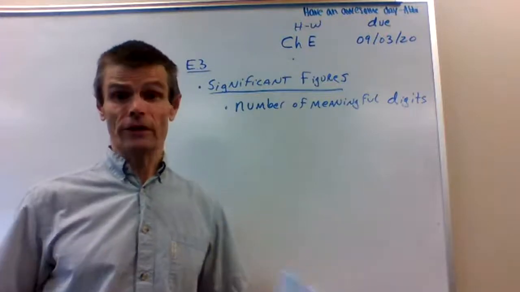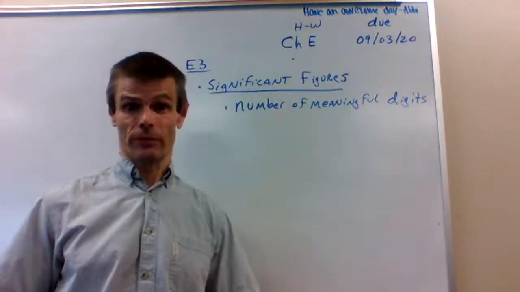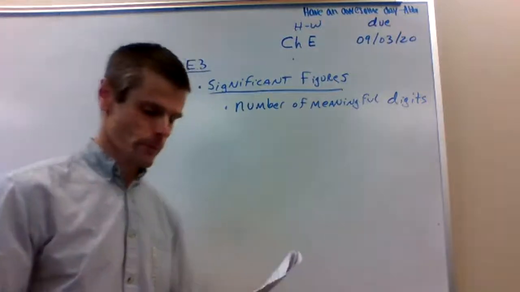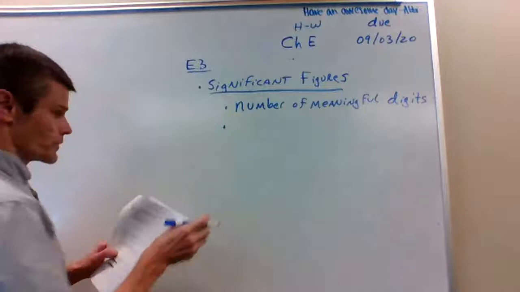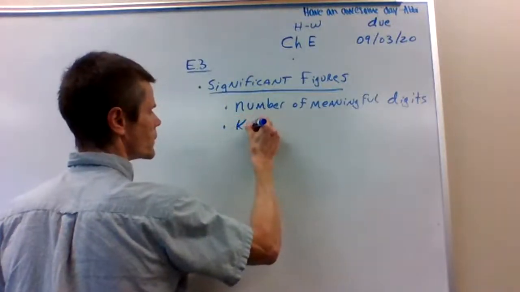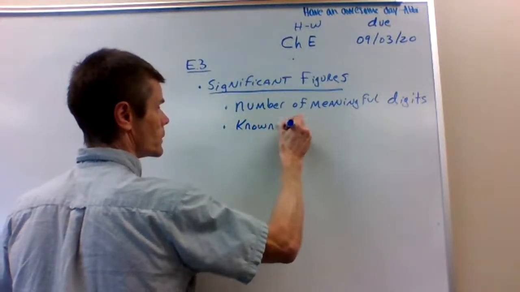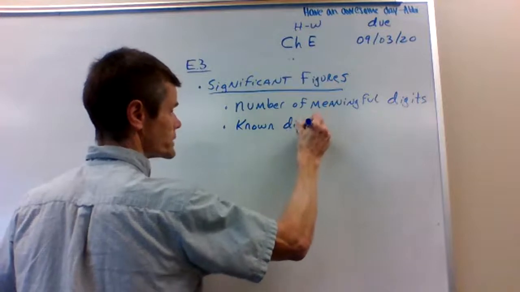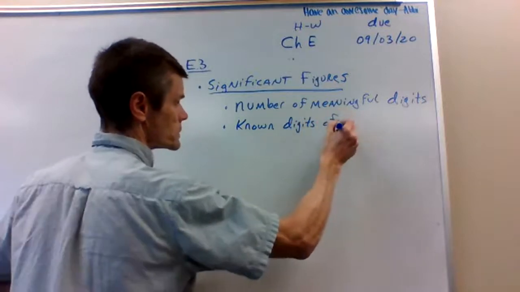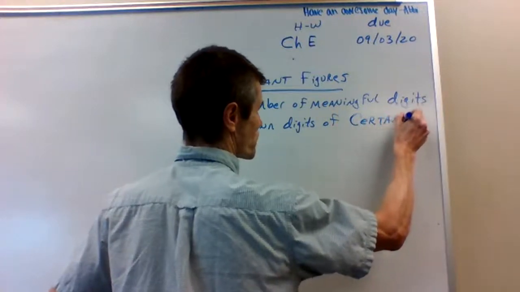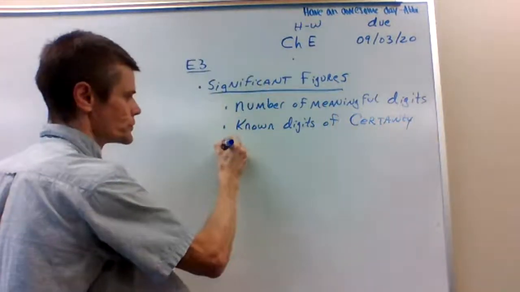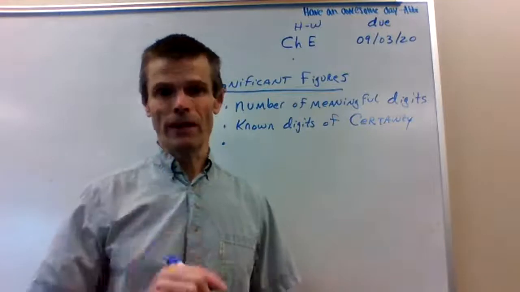We know precisely those digits are significant. And we're going to go through an example. So these are all numbers that we know with certainty. Known digits of certainty. And it includes one digit of estimation.